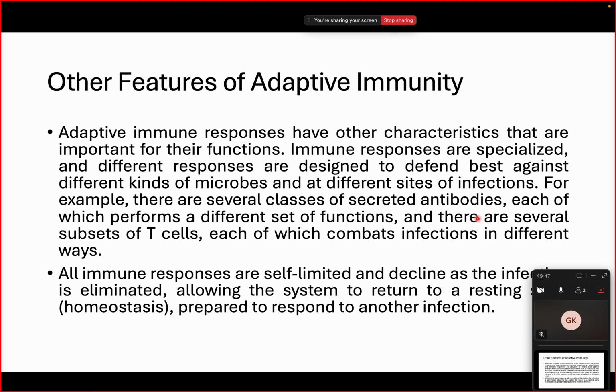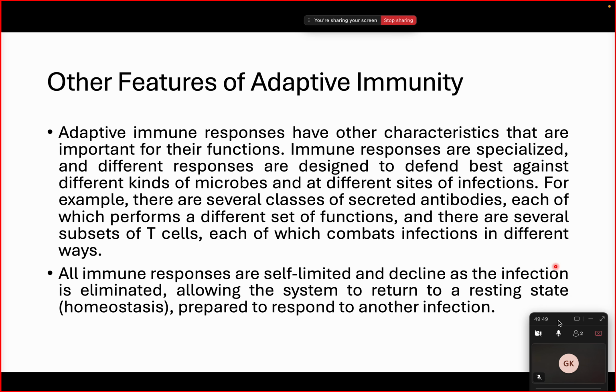Okay, some of the other features of adaptive immunity, as we have already gone through this, is just a revision. Adaptive immune responses have other characteristics that are important for their functions. Immune responses are specialized, and different responses are designed to defend best against different kinds of microbes and at different sites of infection.